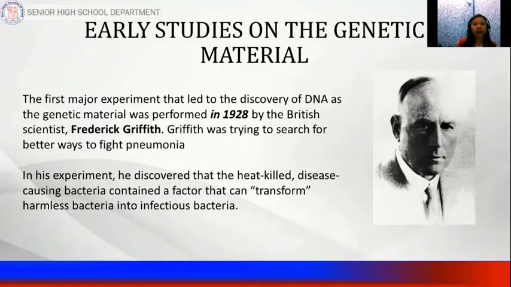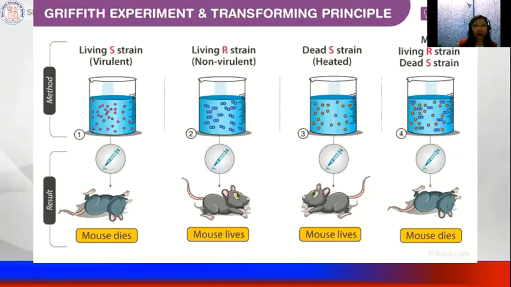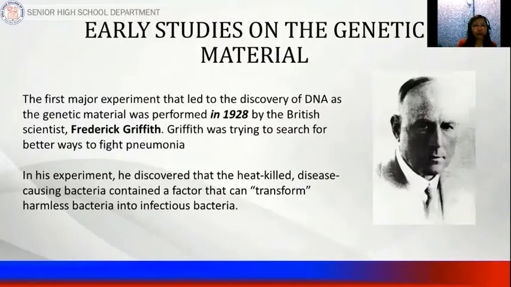In his experiment, he discovered that the heat-killed disease-causing bacteria contained a factor that can transform harmless bacteria into infectious bacteria. So he found out that there was this factor that can transform harmless bacteria into an infectious one.